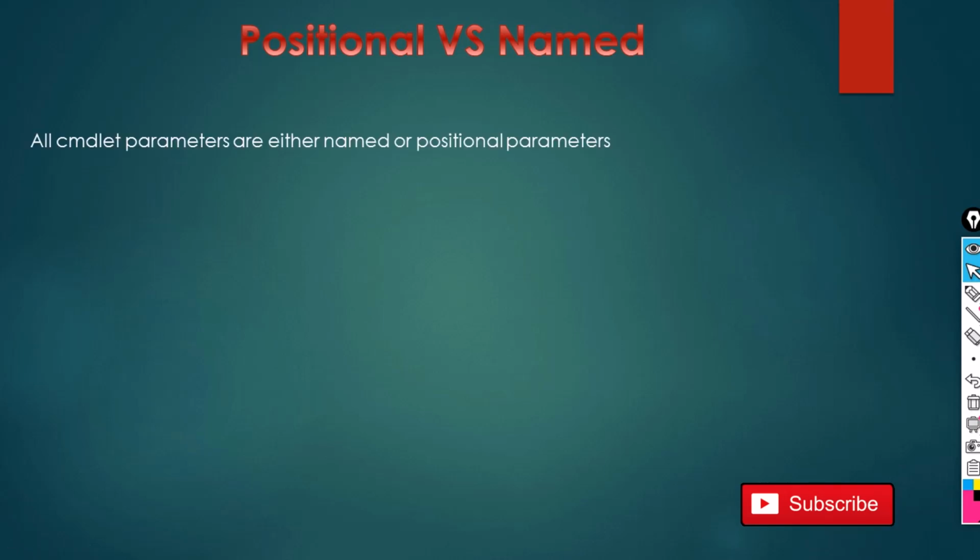All cmdlet parameters are either named or positional. When I say named, it means I need to specify the name of the parameter. For example, -Name BITS, or -ComputerName DC1.